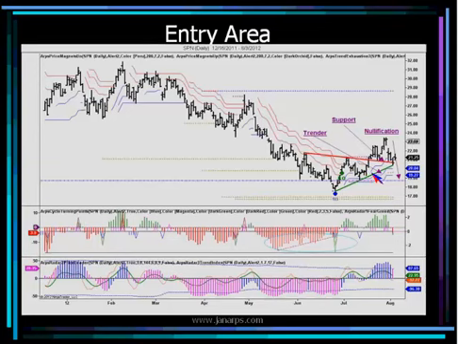I can look for my entry signal, and I'm now going to say my stop loss is going to be below this point, not this point down here, because basically if the price comes down below this low right here and closes below that low, then we're no longer making higher lows, and so we're no longer in a bullish trend.